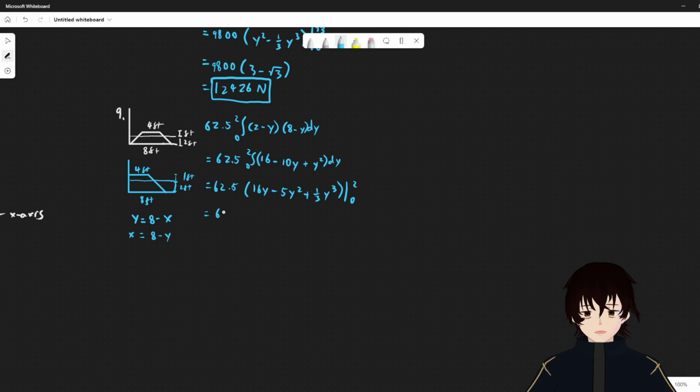Which is equal to, if we plug in 0, we get 0. Therefore, this is 32 minus 20 plus 8 over 3. Why is my writing just slanting downwards? Which is equivalent to fractions.